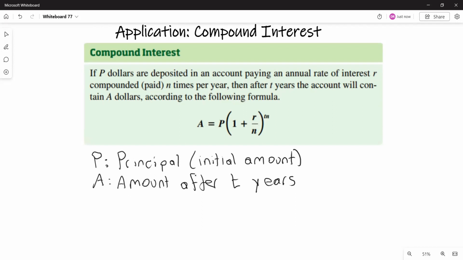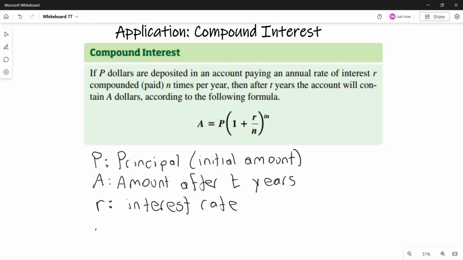Next, R is the interest rate. This is usually given as a percent, so when you do the arithmetic, you must convert it to decimal.